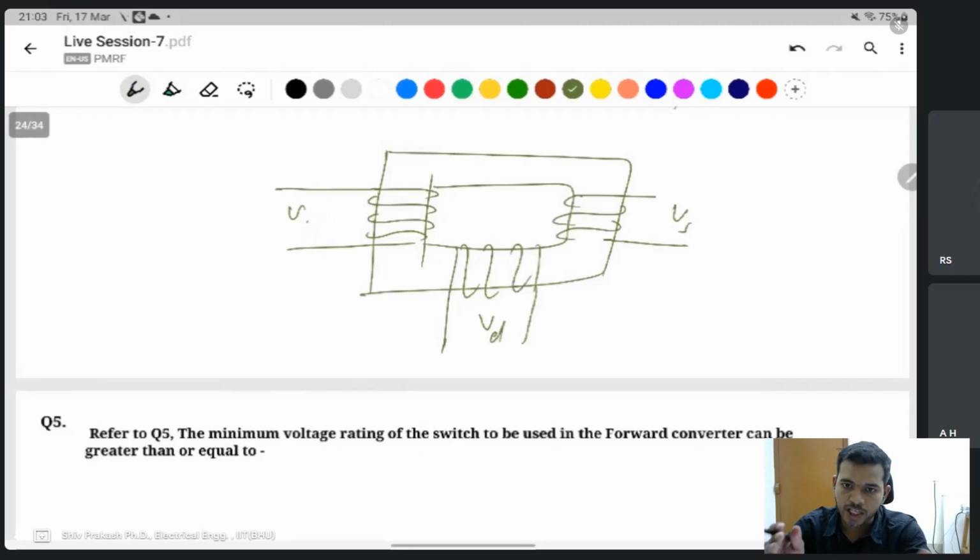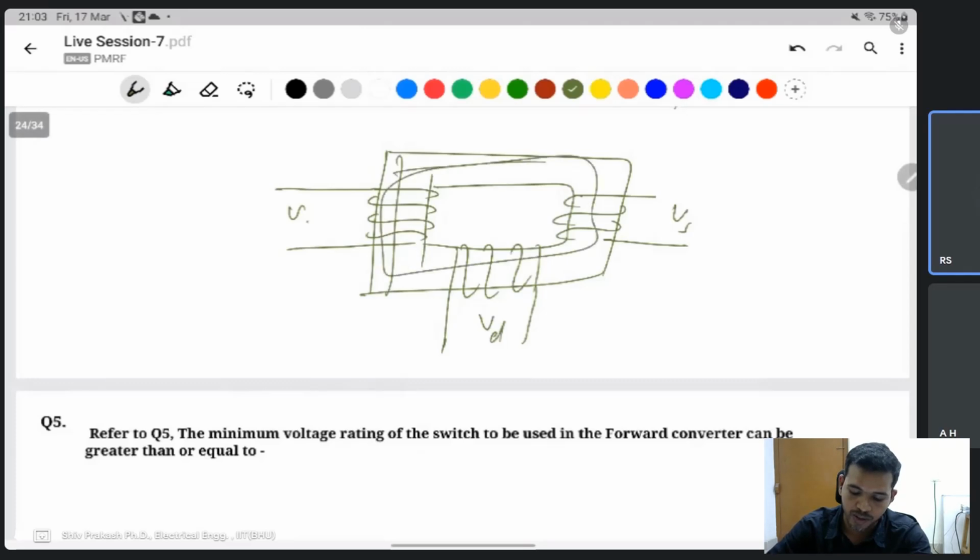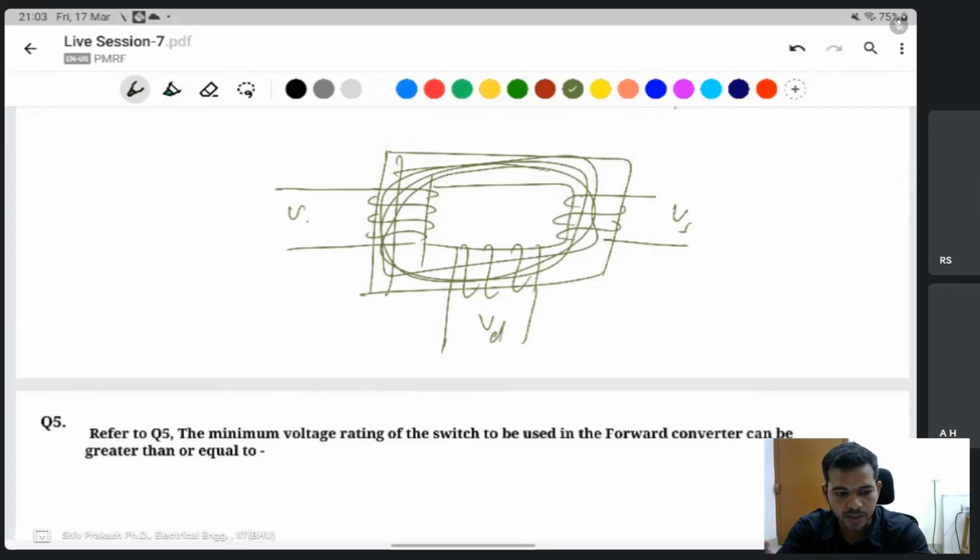Then our transformer has only one magnetizing inductance, because the magnetizing inductance depends on the core flux. It is affected only by the core. The magnetizing inductance denotes how much flux it takes to energize the transformer core.